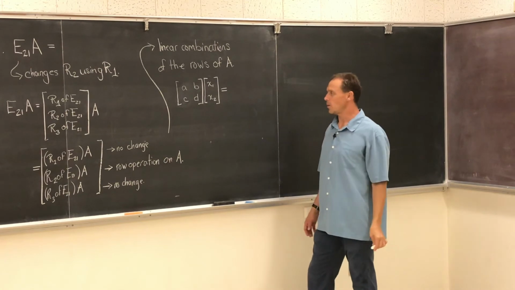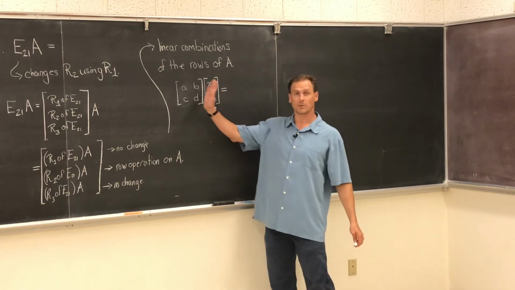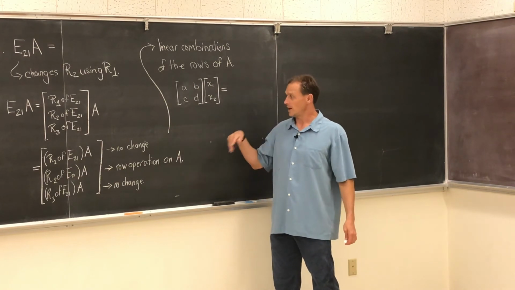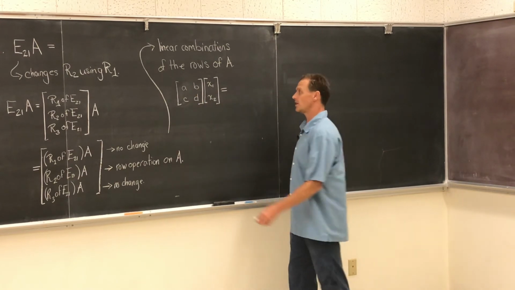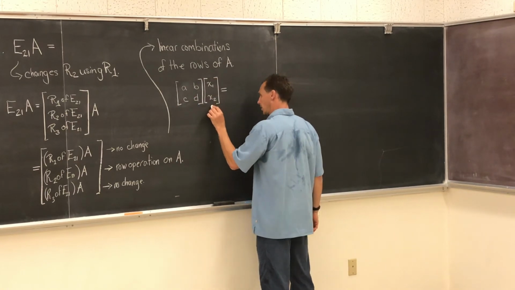Okay. Well, we've said that this can be written as linear combinations. And we've also said we can just take the result of the dot product of the row with the column.